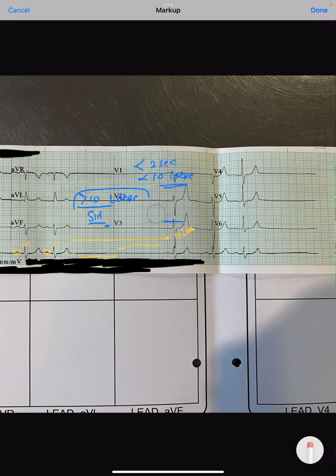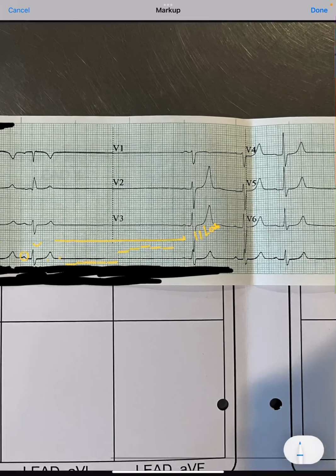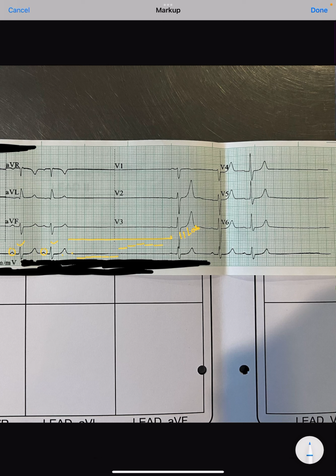This is a very typical feature, one of the most important things we should always remember: sinoatrial arrest or sinus pause can be very commonly seen in medical practice, especially in hyperkalemia. It's very common. It can be because of CKD, AKI, sepsis, anything leading to hyperkalemia can commonly cause sinoatrial pause or sinus arrest. The most important findings for hyperkalemia that we should always look for are tall, tented, peaked, symmetrical T waves.